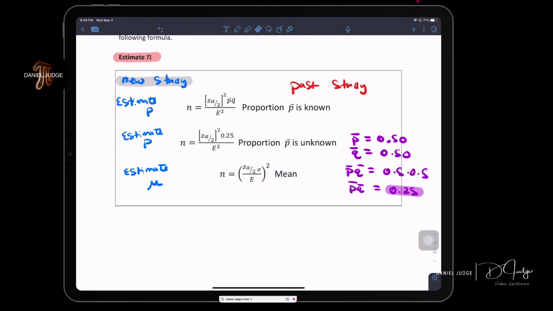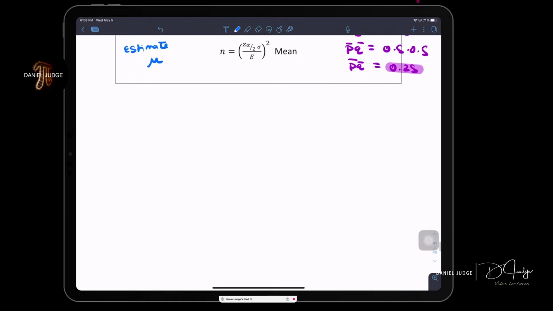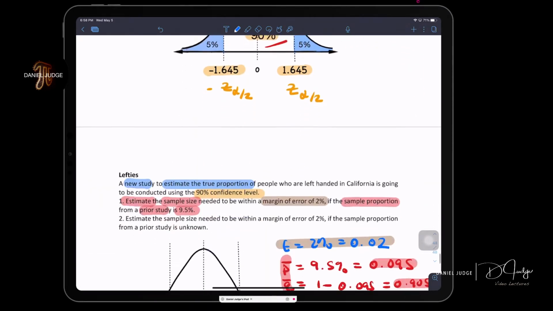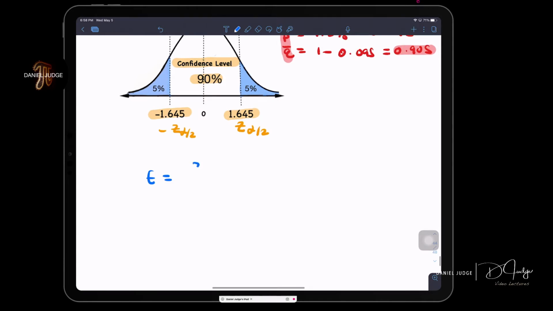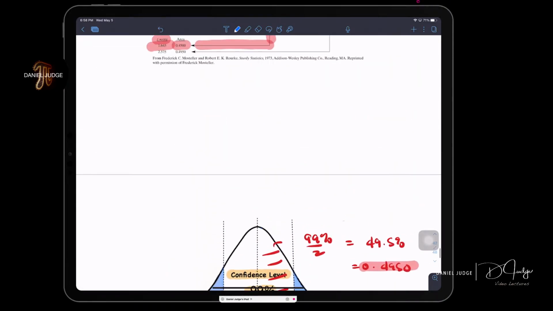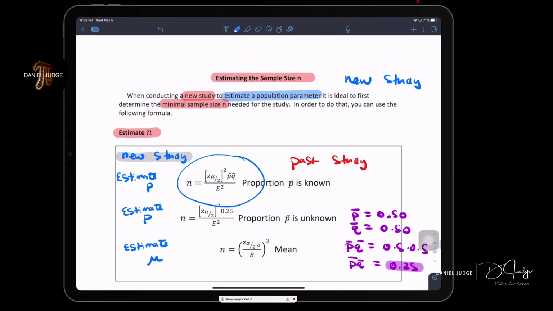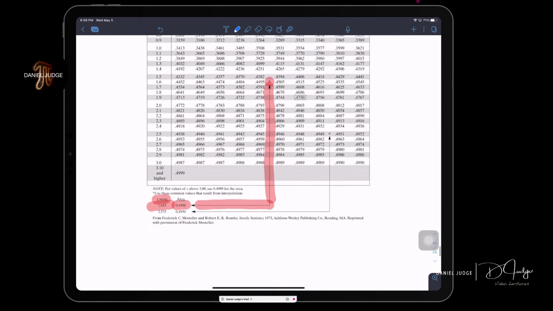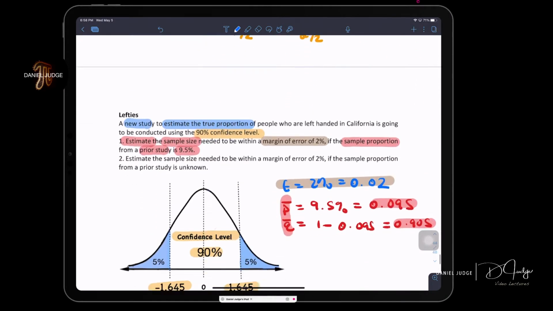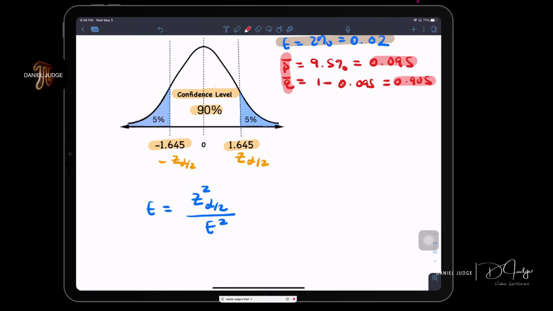It's going to be z alpha over 2 squared times that p hat q hat over e squared. That was e squared. I believe that's squared. Let's double check. Yes, it is. Z squared, and then p hat q hat. They just put this in parentheses, and so we will do the same.